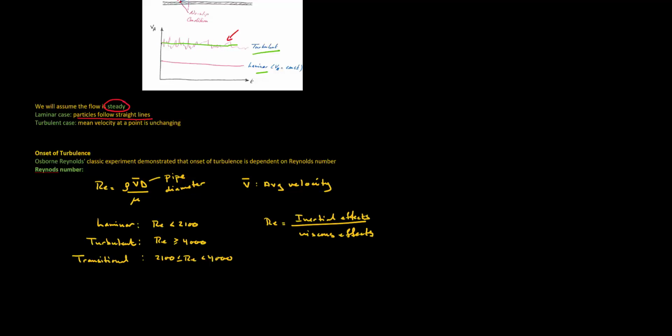So a high Reynolds number flow has the inertial effects being the dominant ones in the flow. We can think of our inertial effects as the momentum of the fluid. A low Reynolds number flow, on the other hand, has viscous effects which are more dominant.